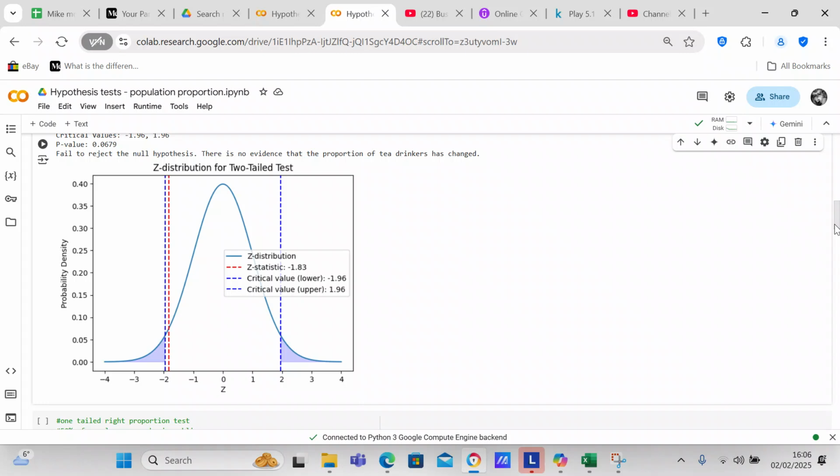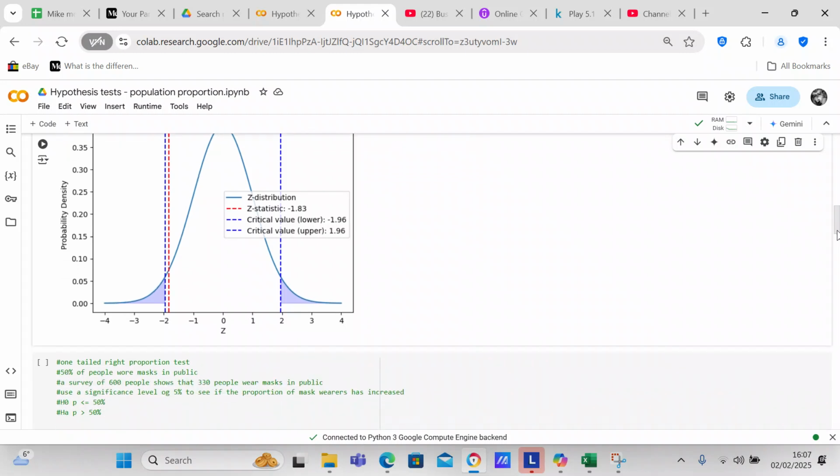You've got your z statistic, which is just slightly less than your critical value, but because the z statistic is still inside the range of the normal value, you can go ahead and accept it. And you've got the critical value lower and the critical value upper, because it's a two-tailed test.